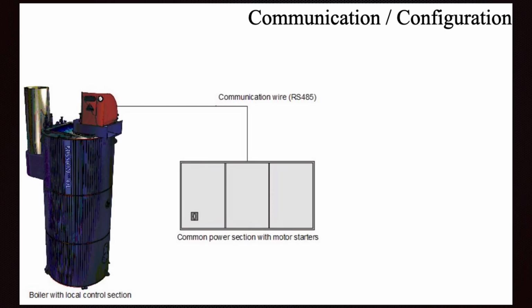and the communication between the panels and the local panel will be through some cables. Here we have the common power section with motor starters also, and the cabling for these boilers and such applications has a specific length.